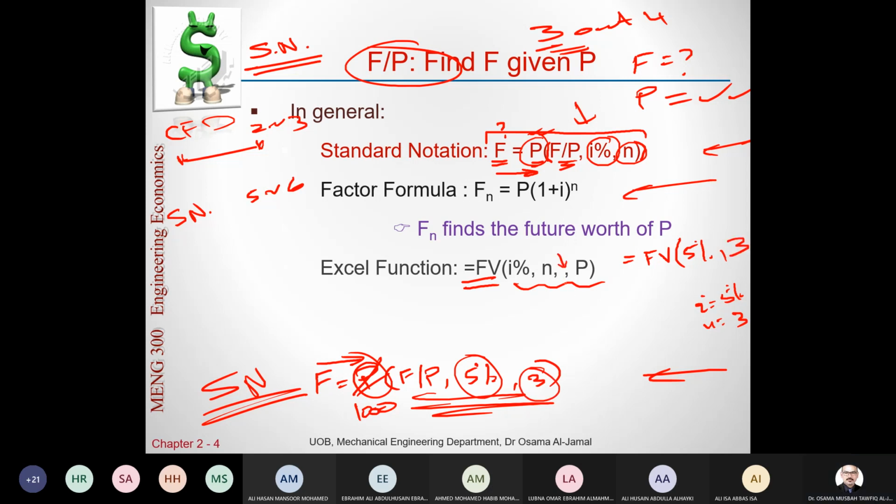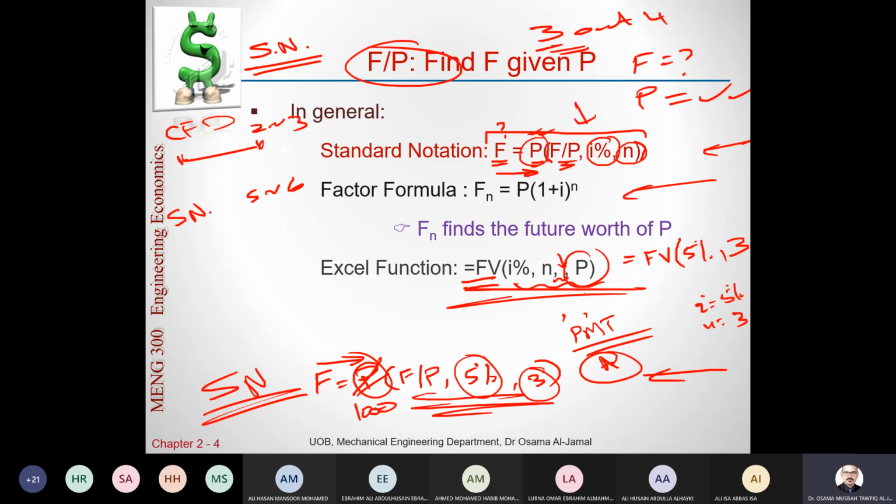Notice here we left it blank, just a comma, or you can put 0. Why is it empty? Because this is for PMT, the annuity. We don't have an annuity in our example. If there is an annuity and you want to calculate the future value for it, you can do that. If there is no annuity, just a future value for a present value, put the present value in there.